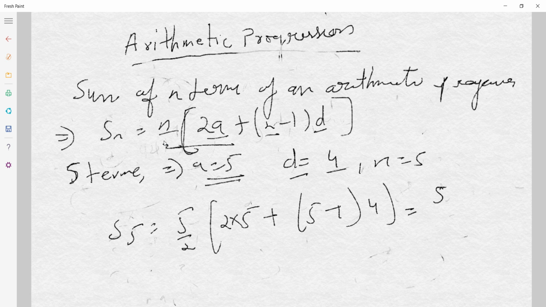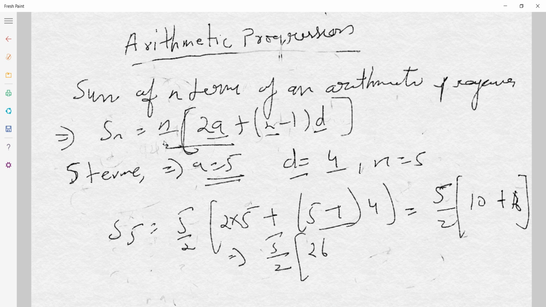That equals 5 by 2 times (10 plus 16), because it's 5 minus 1. So that equals 5 by 2 times 26, which is 5 times 13, which equals 65. So that's how you calculate the sum of n terms.